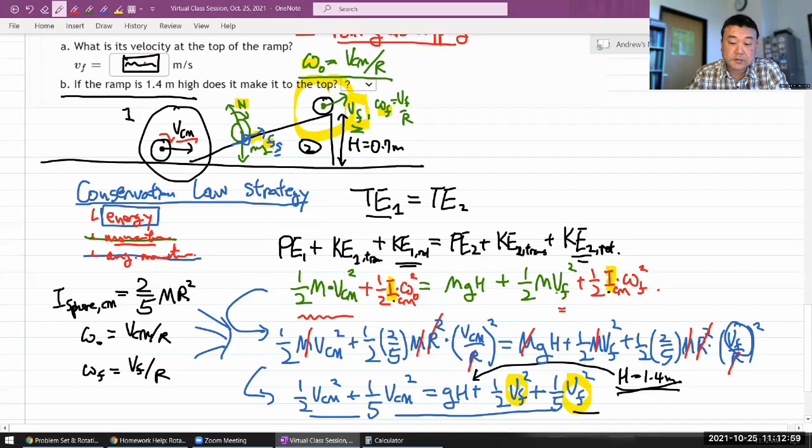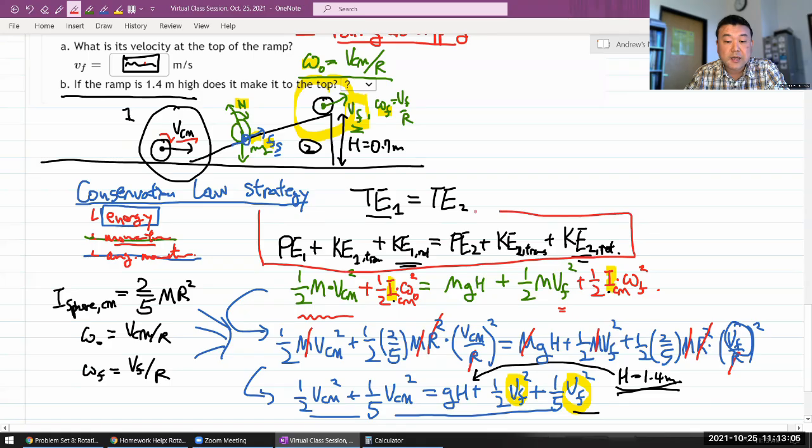Another way you can do it is a different version of this equation. Instead of taking a snapshot at the top, you could take a hypothetical snapshot of the bowling ball at the height of its motion, where the kinetic energies are zero, and you can compare that maximum height with 1.4 meters. If the maximum height is greater than 1.4 meters, then yes, it'll make it to the top.